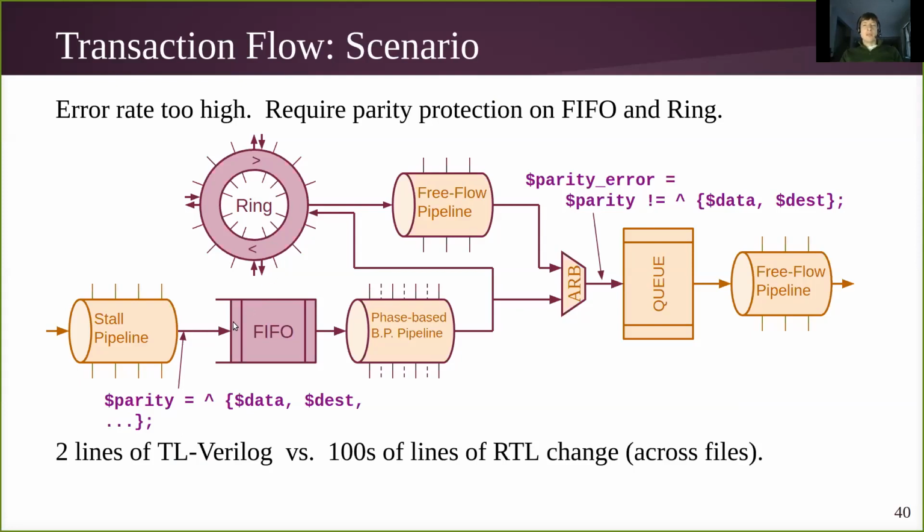And our architects decide to address this by adding parity to the FIFO and the ring. And we do that by adding a parity computation before the FIFO. We carry that parity bit through the FIFO, through all of these microarchitectural constructs through the ring. Instead of checking parity after the ring, we're going to carry that parity forward through the arbiter so that we can cover both the parity in the FIFO and in the ring in one check.